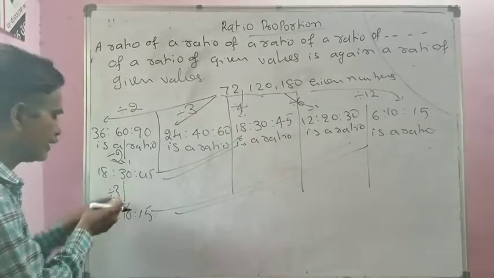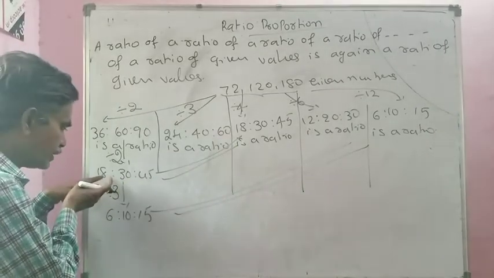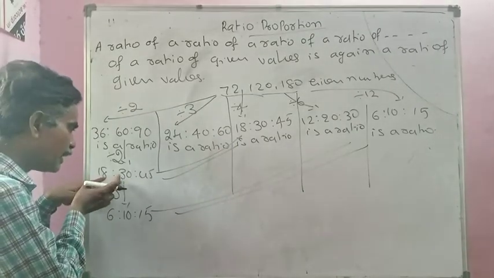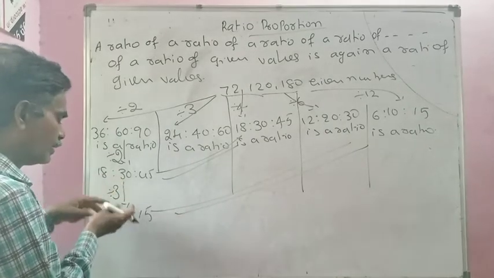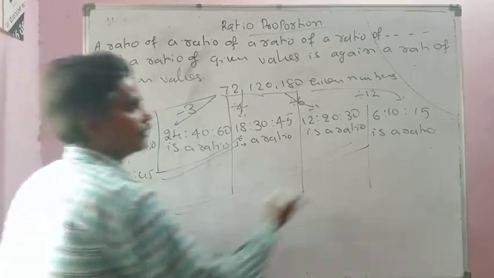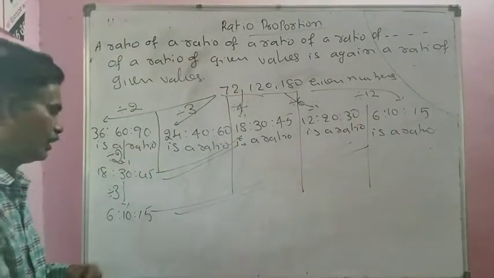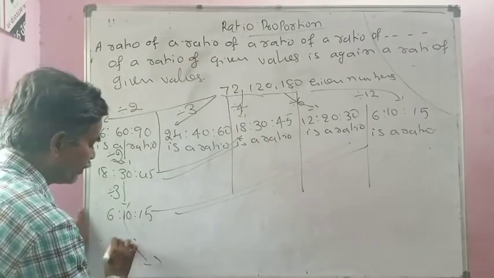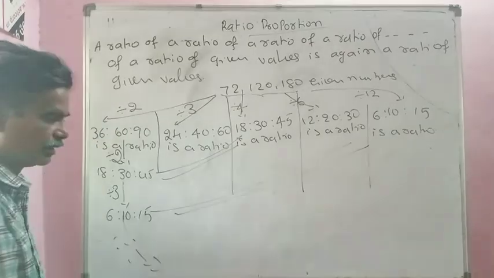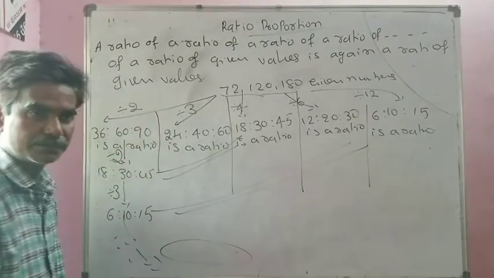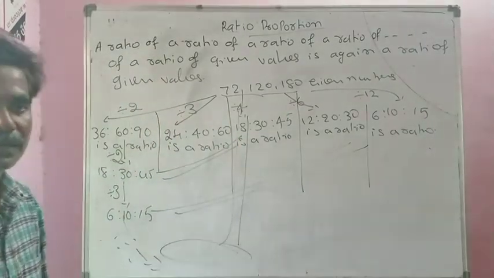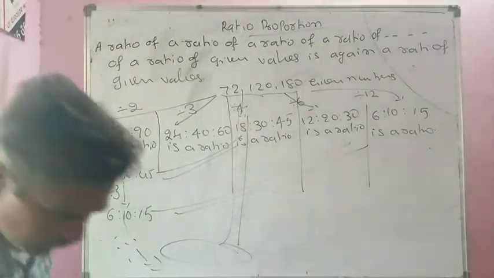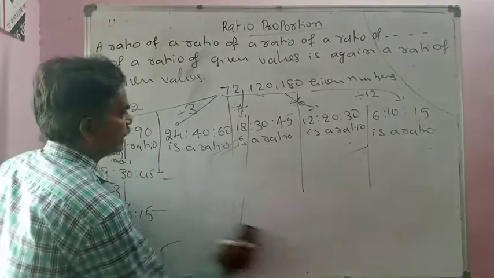Again we found a ratio of the ratio obtained in the second step, and we got a ratio equal to another ratio. If you perform any number of calculations, you will get a ratio of these numbers only.